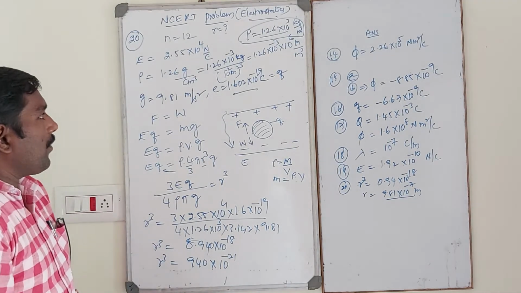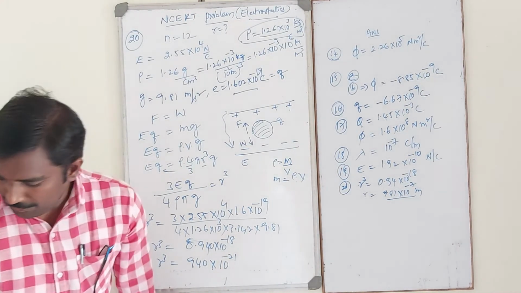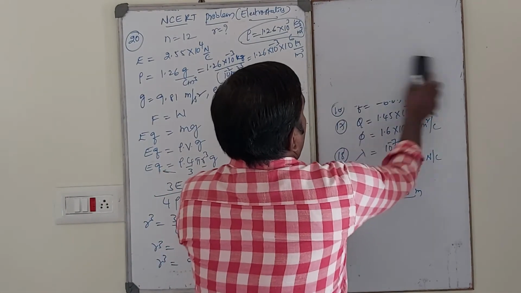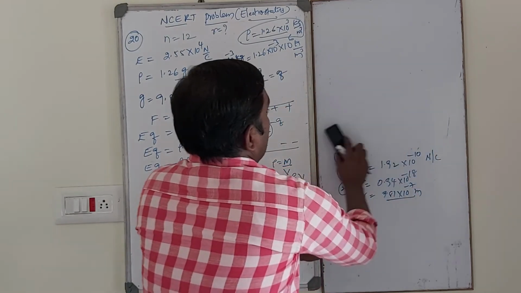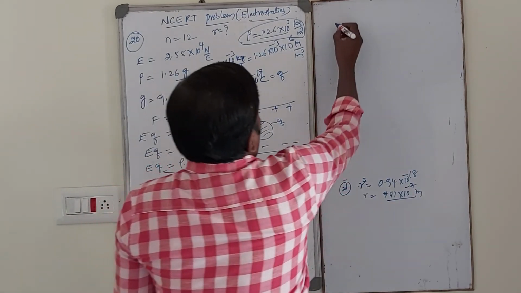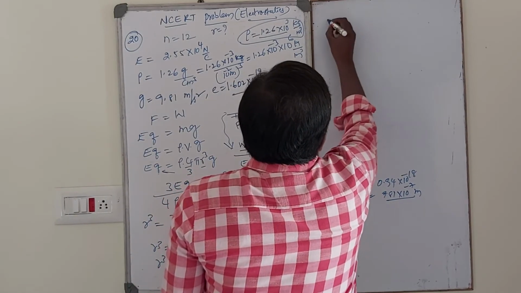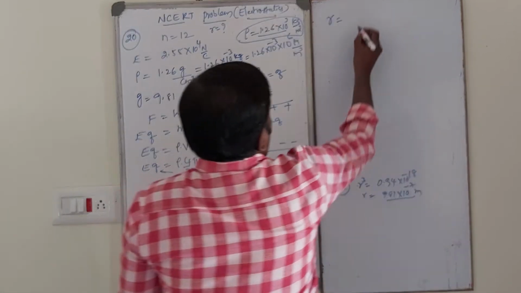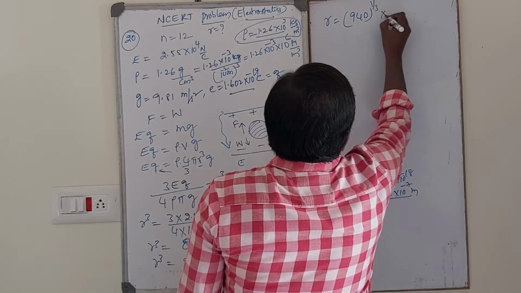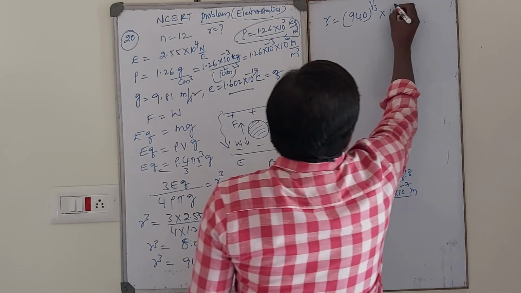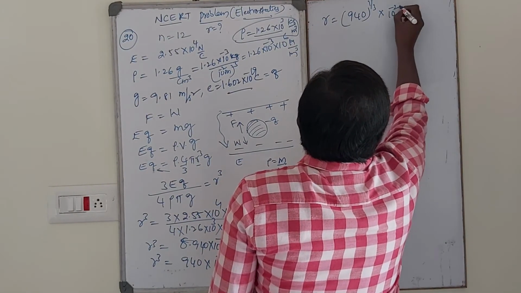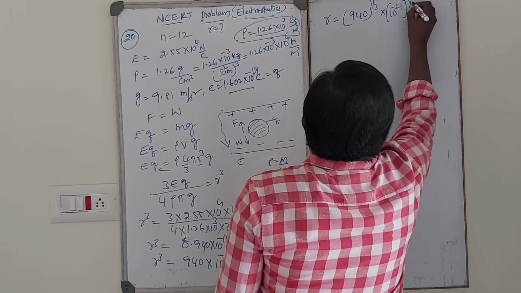Okay, what is the value of R? So R cube, R is equal to 940 whole to the power of 1 by 3 into 10 to the power of minus 21 whole to the power of 1 by 3.